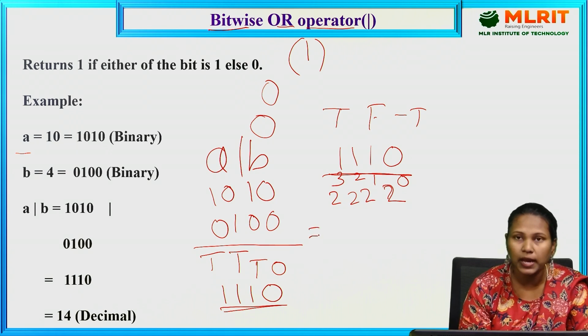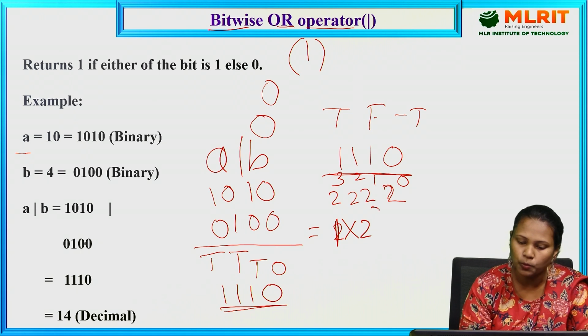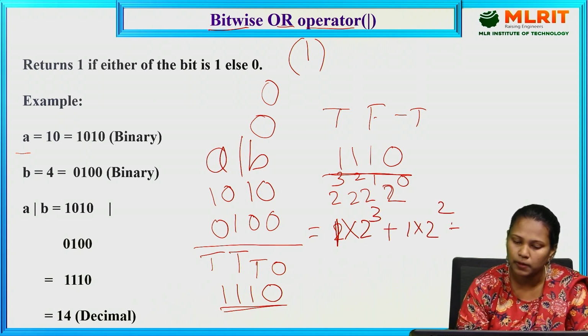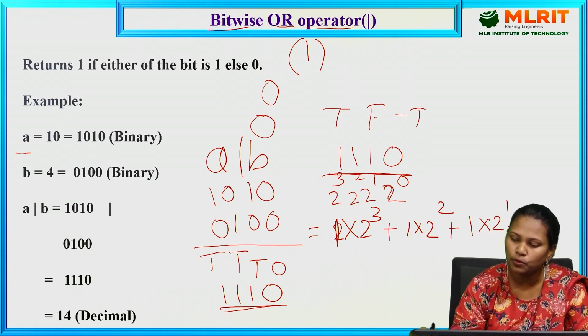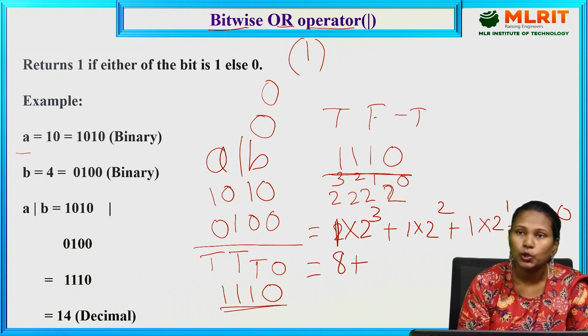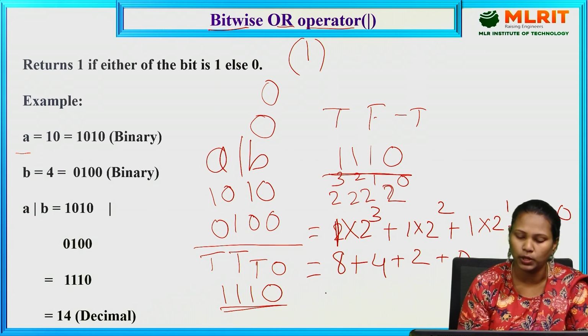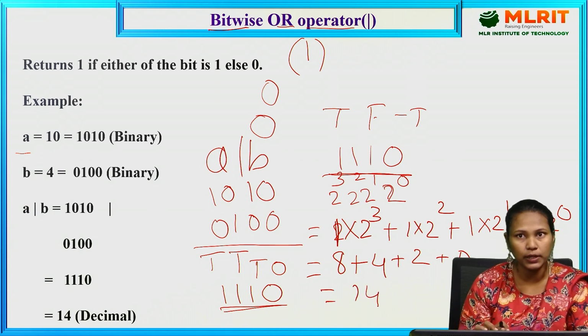So it is 1 into 2 cube plus 1 into 2 square plus 1 into 2 power 1 plus 0 into 2 power 0. 2 cube means 8, 2 square means 4, 2 power 1 means 2, and 0 into anything is 0. So 8 plus 4 is 12, and 12 plus 2 is 14. In this way we are converting binary to decimal.